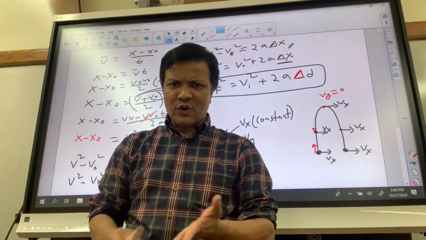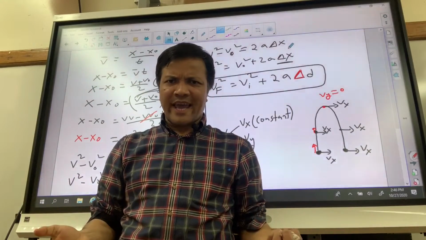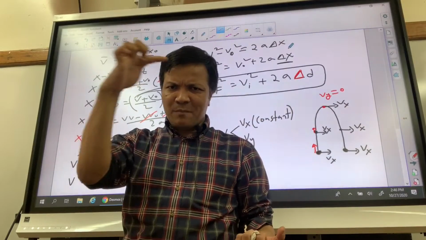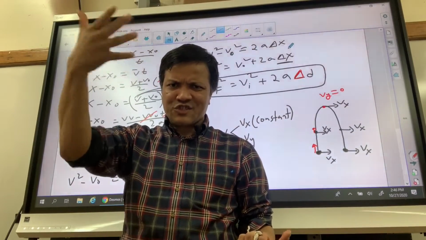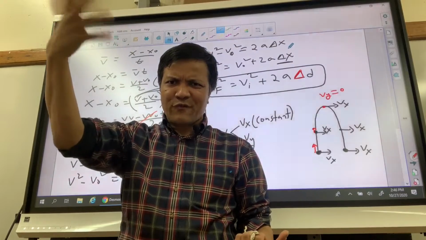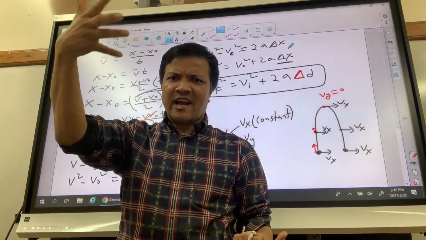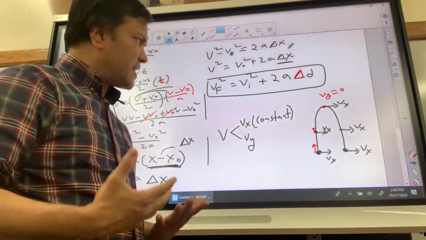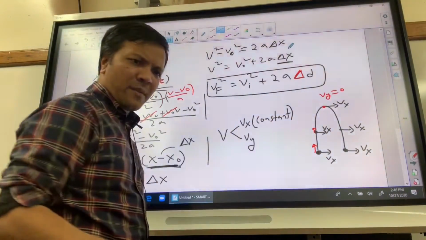So in order for the ball to return to my hand, the ball has to change direction. When the ball changes direction, it has to stop for a fraction of a second, and the velocity of the y component is 0. So make sure you understand that part.